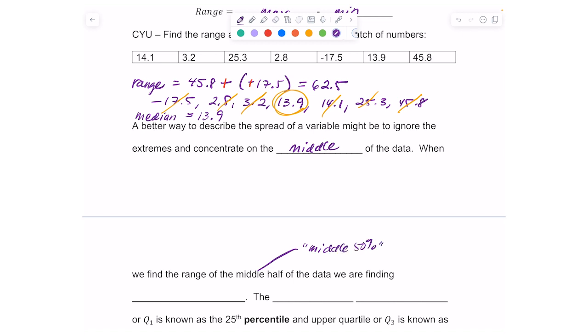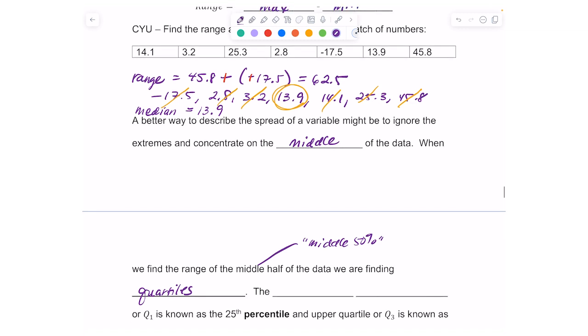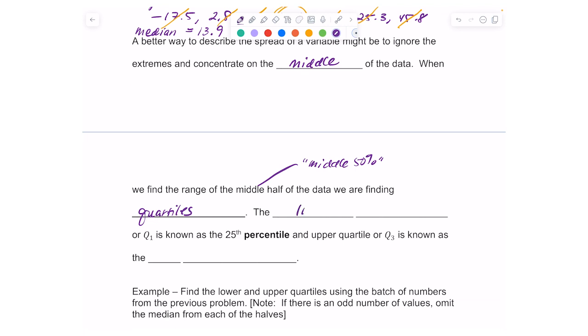We are finding the quartiles. Think of quartiles like quarters. You're basically dividing the data into fourths. We've got the lower quartile, which is known as Q1, or the 25th percentile, and the upper quartile, or Q3, is known as the 75th percentile.